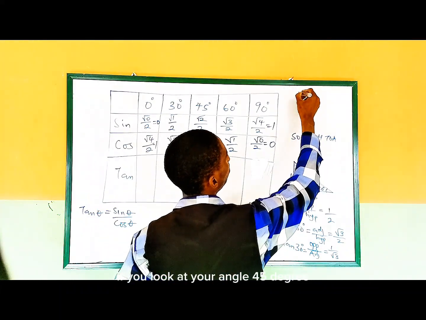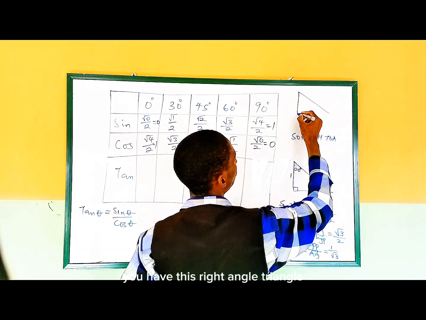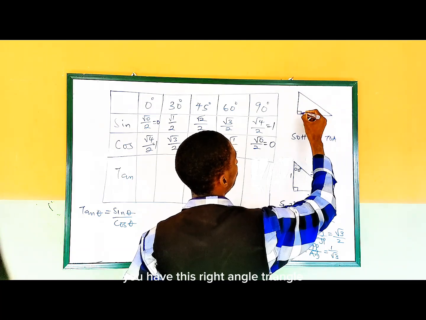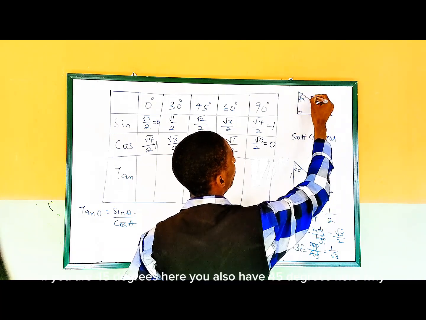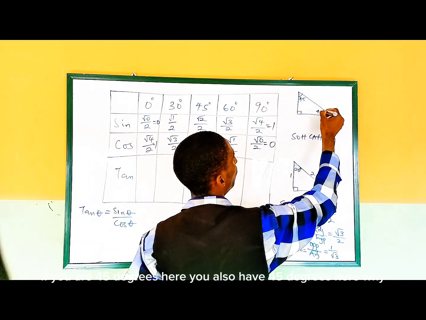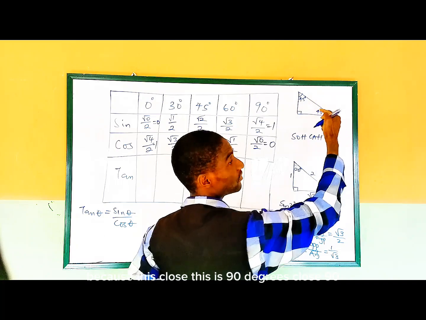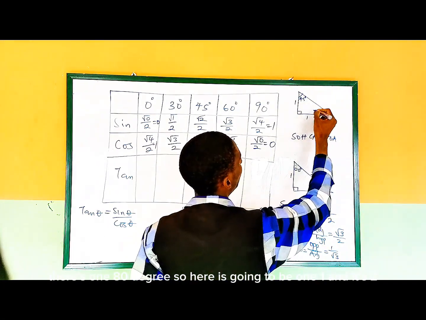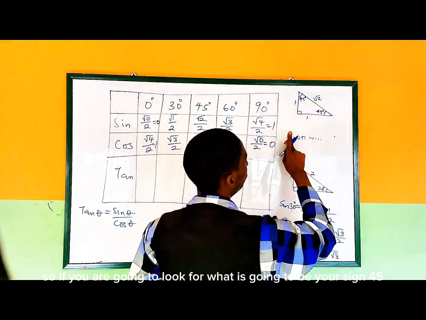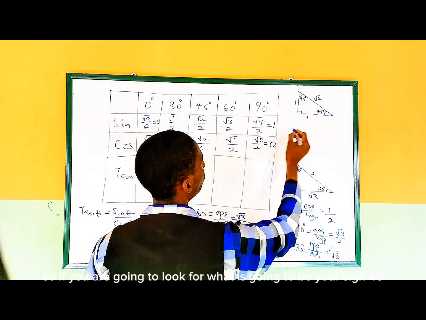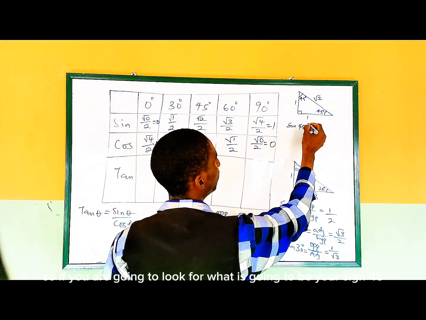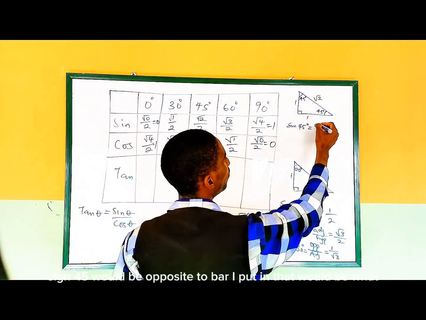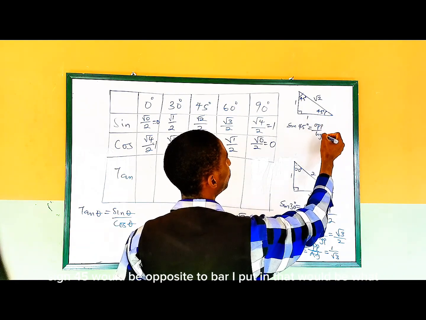If you look at your angle 45 degrees, you have this right angle triangle. If you have 45 degrees here, you also have 45 degrees here. Why? Because this plus this is 90 degrees, plus 90, that's 180 degrees. So here is going to be 1, 1, and root 2. So if you are going to look for your sin 45, sin 45 will be opposite over hypotenuse.